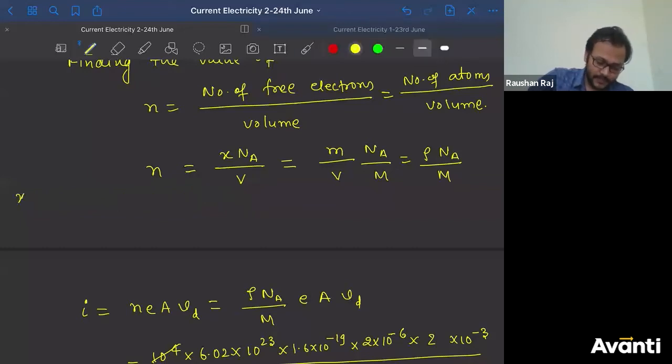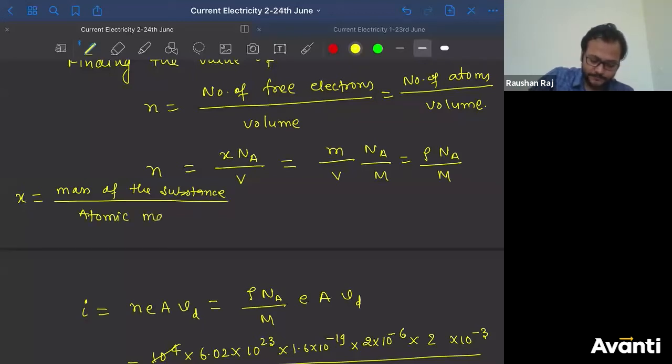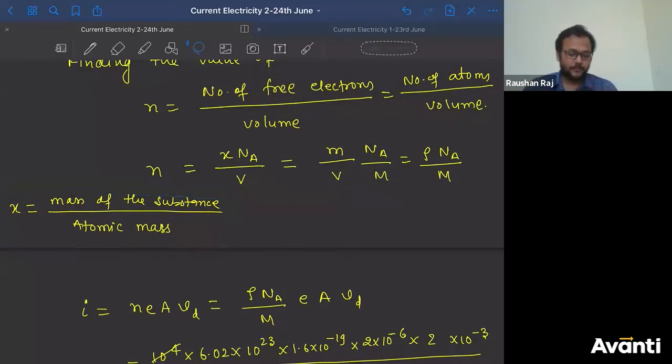So how will I get this total number of moles? Number of moles is defined as mass of the substance divided by atomic mass. You must have studied this in the first chapter of chemistry. Number of moles is what? Mass of the substance divided by atomic mass.